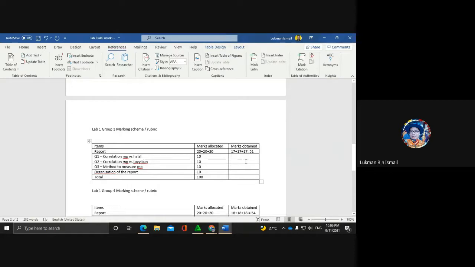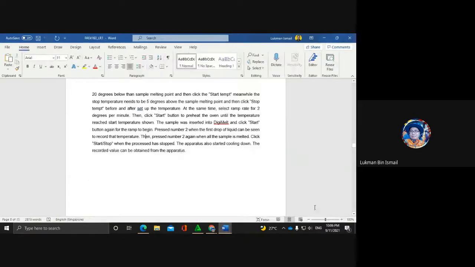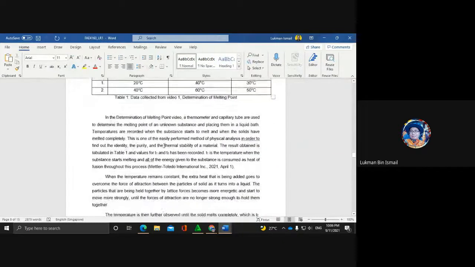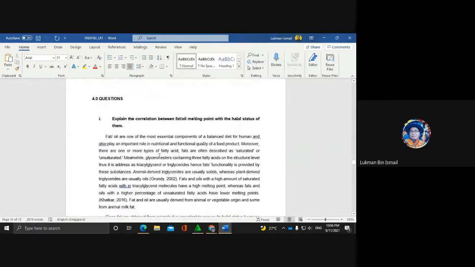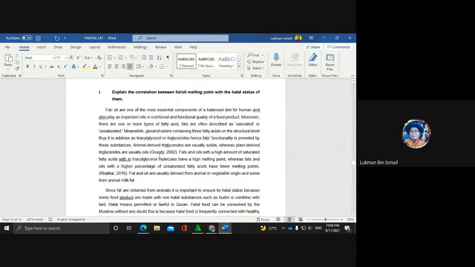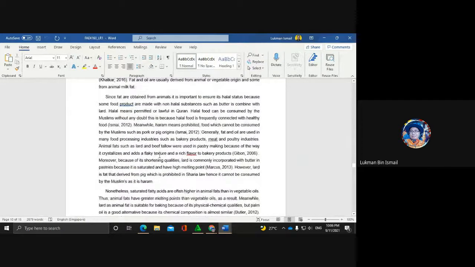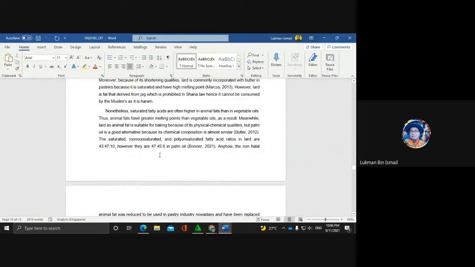Answer for question number 1, correlation between melting point and halal status. Design discussion, okay. Alright, okay. Explain the correlation. So again, tak ada contoh melting point.